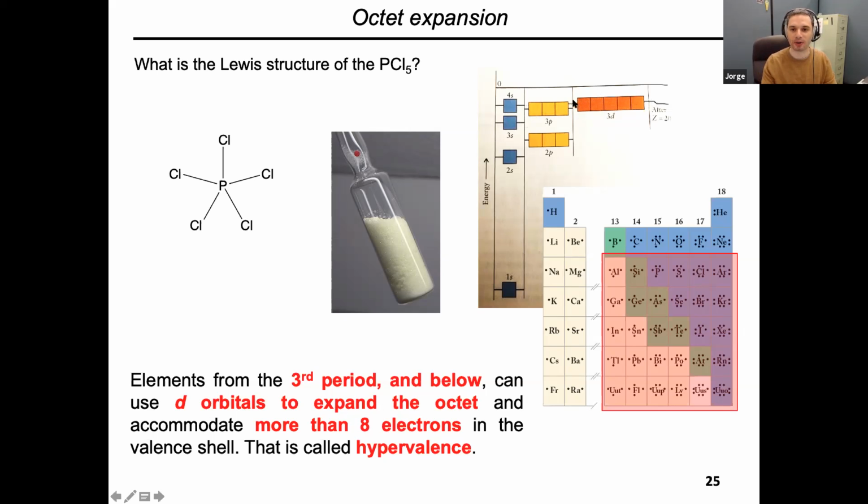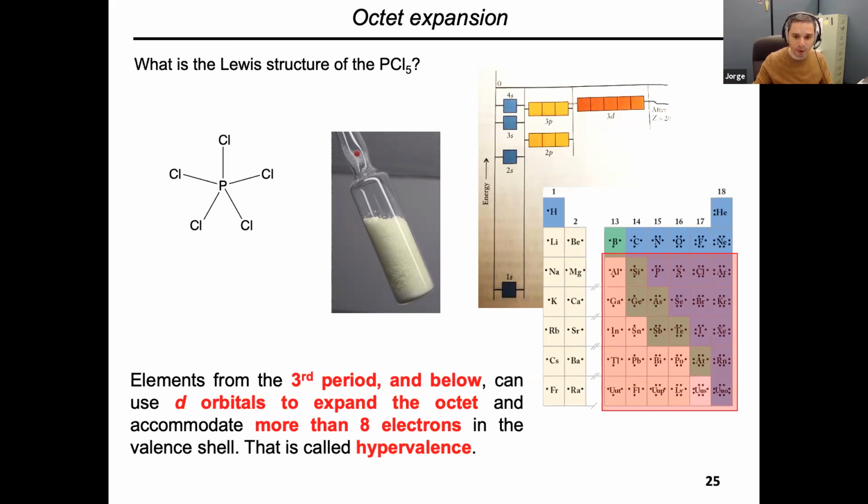So instead of just using the s and p orbitals, now I can expand to the d orbitals because the energy is similar to the p orbitals in the third period and after that. And the excess of electrons will be accommodated in the d orbitals. And that's the octet expansion.